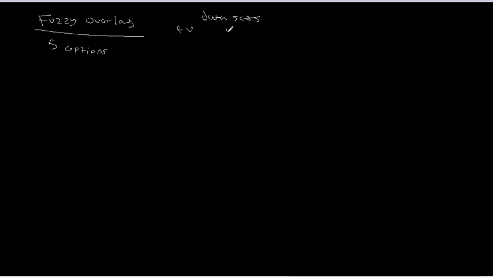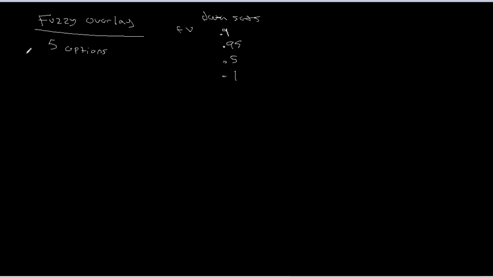We have a value of 0.9, a value of 0.95, a value of 0.5, and a value of 0.1. Right, so these would be 4 different data sets. These are the fuzzy values that came out. And we're going to talk about the 5 different fuzzy overlay options given these 4 values.